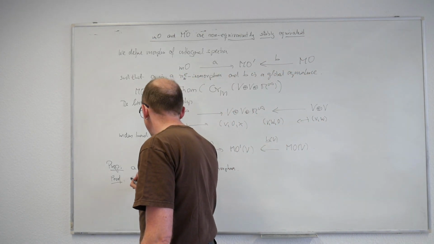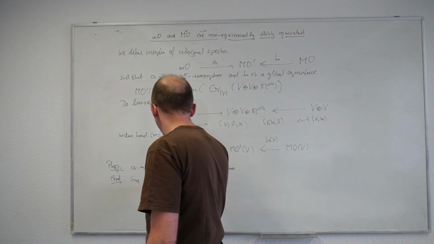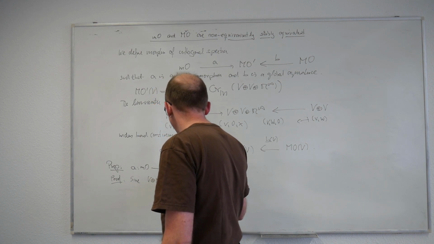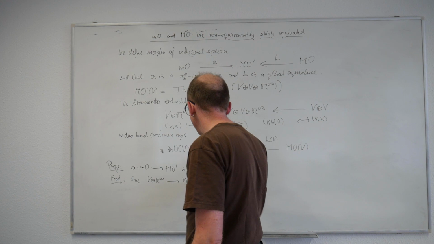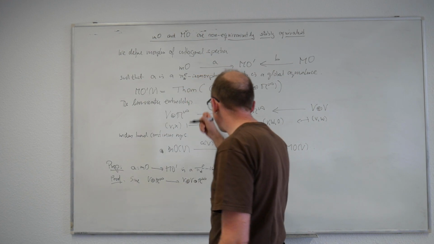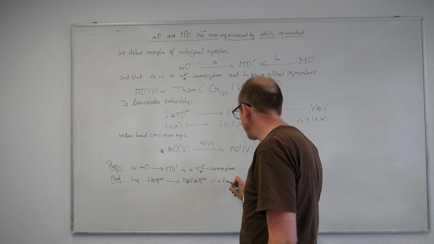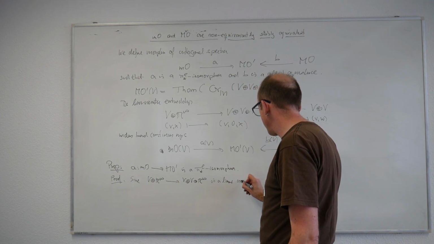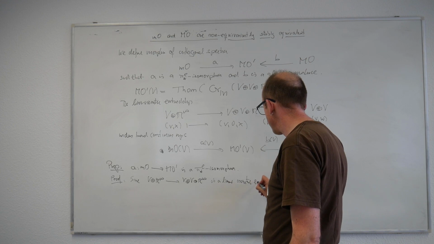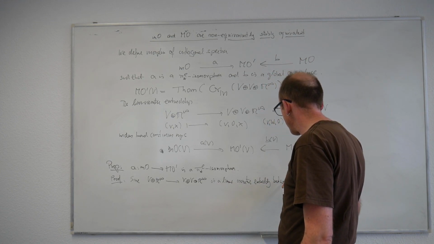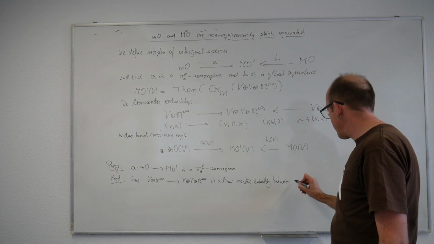Okay, so since V plus R infinity to V plus R infinity, this line up here, is a linear isometric embedding between infinite dimensional vector spaces, and the emphasis is on infinite dimensional.